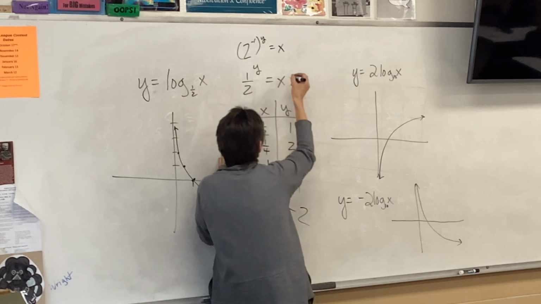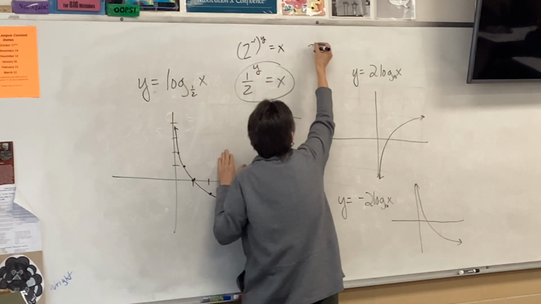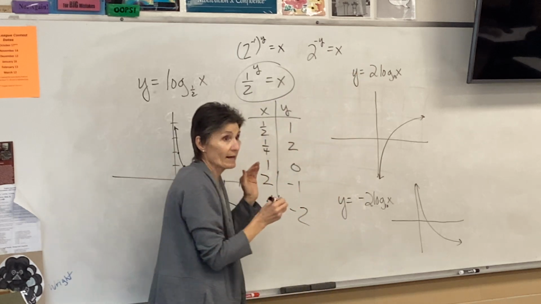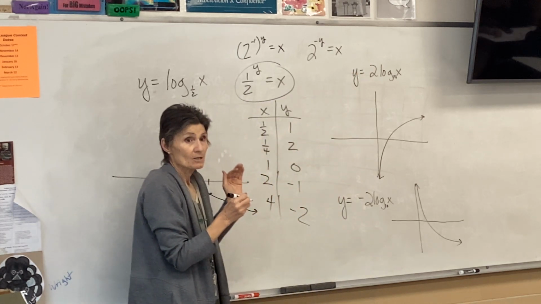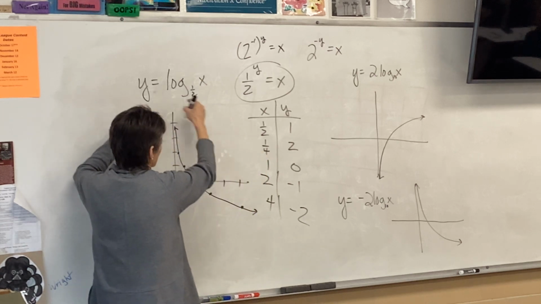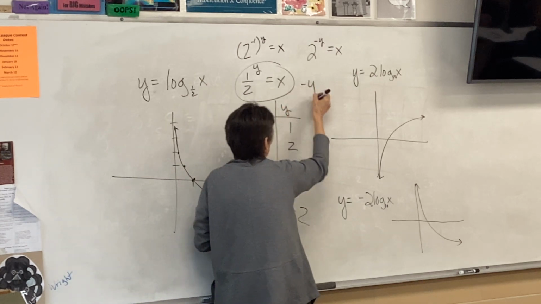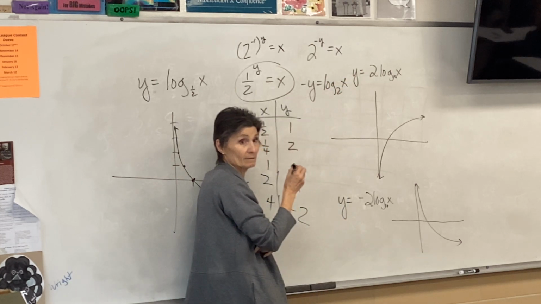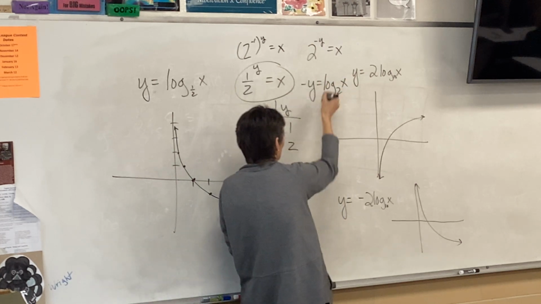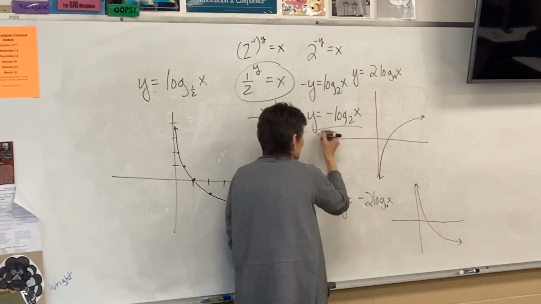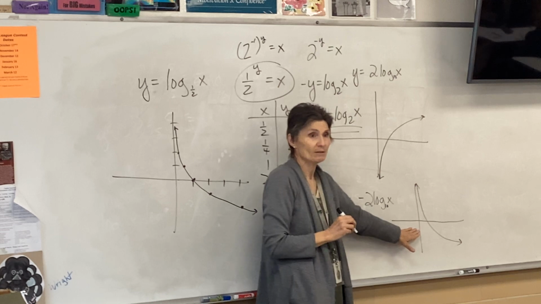So this equation says 2 to the negative y equals x. So in logarithmic form, it would say negative y equals log base 2 of x. And if I divide off the negative, oh my gosh, isn't that exactly what happened here?